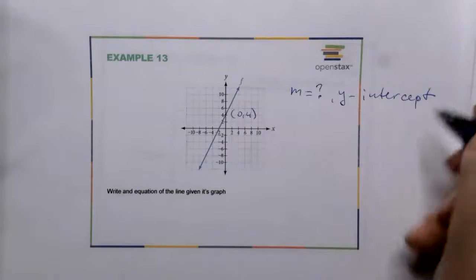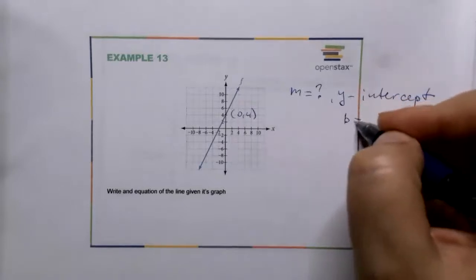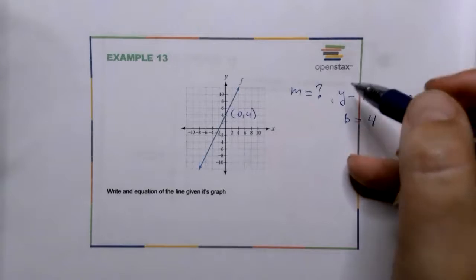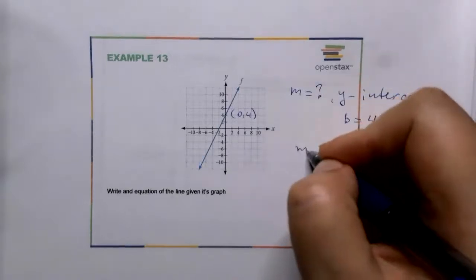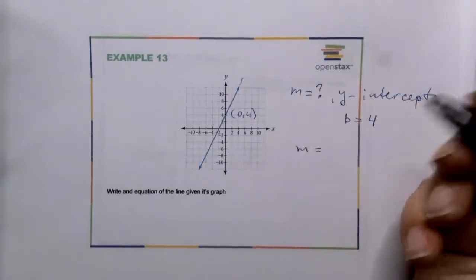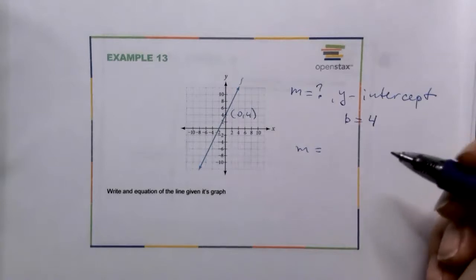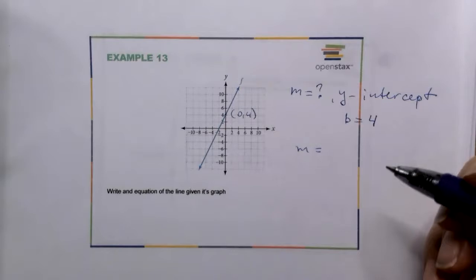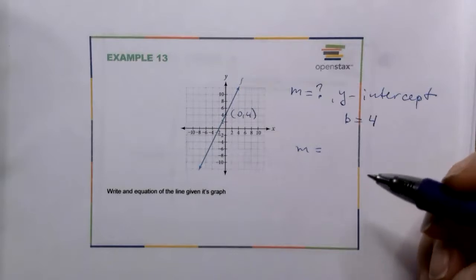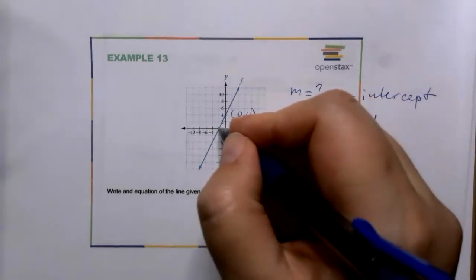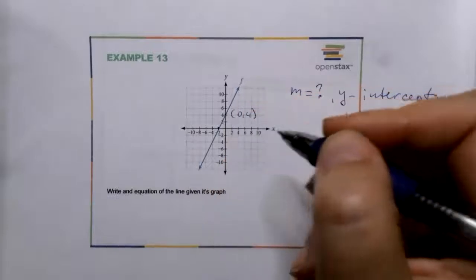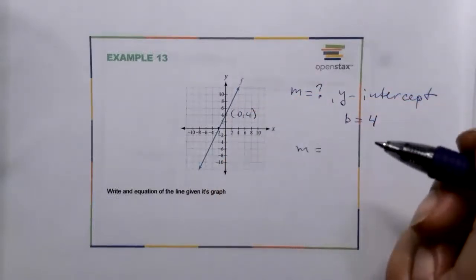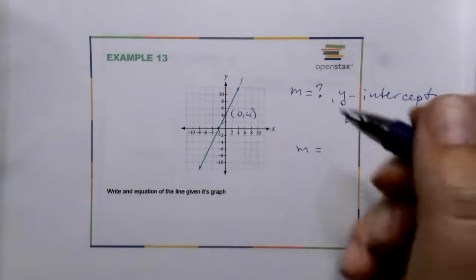So from here, I know that b equals 4, and I also need the slope. You could pick 2 points and go through the formula if you want. We already did that, so I'm not gonna do that this time. What I'm gonna do is just count how many steps up and to the right or to the left I have to make in order to get to the point that I need.